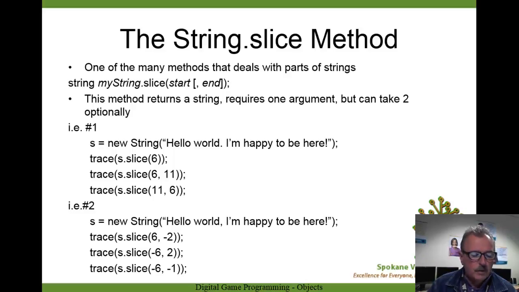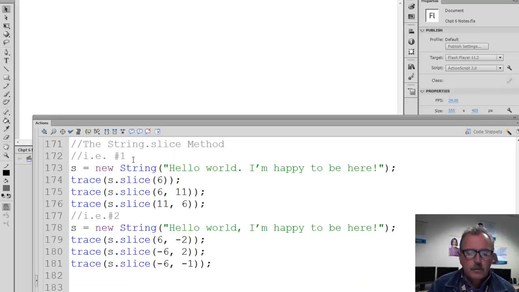So you can imagine this is one of the several methods that are available for dealing with parts of strings. And so when you're doing text processing, it's very, very common to extract parts of these strings. So Flash has all these different types of methods available to us.